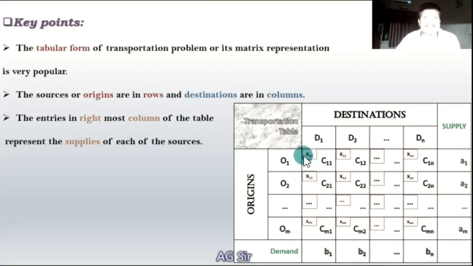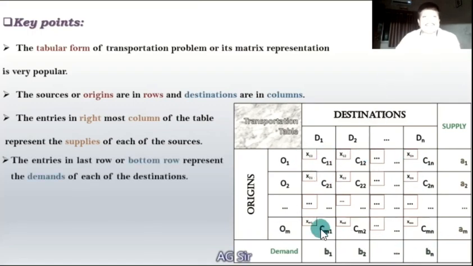What about the cells in this table? This is a matrix of size m by n, so there are mn total cells. Consider any one cell, like this cell. At this cell, C11 is the cost of transporting one unit of item from the first origin to the first destination.